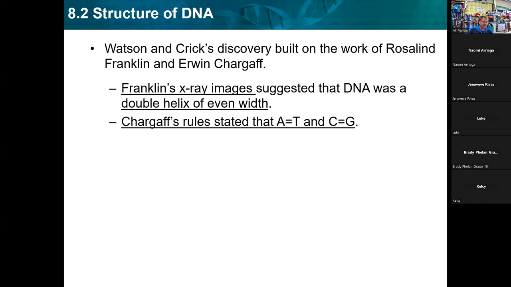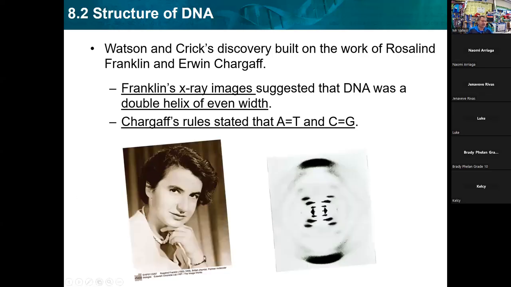But then what about the structure? Who would have thunk that? Well, what they did was they took Rosalind Franklin's X-ray images, and she had all this information, and from this information, they figured out that DNA is a double helix. Why didn't she win the Nobel Prize? She actually got sick from all the experiments that she did with X-rays.